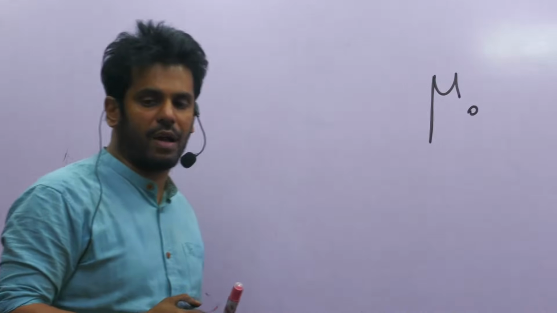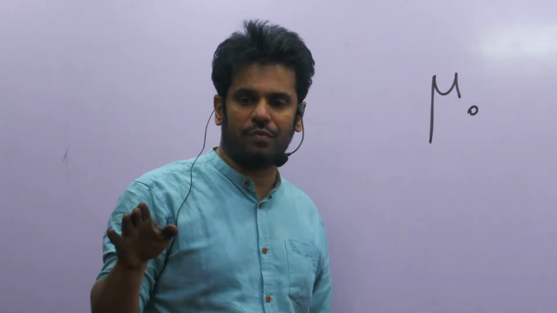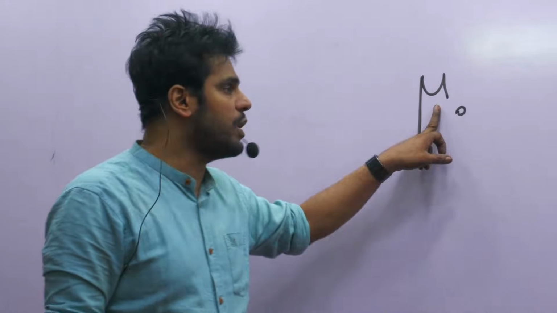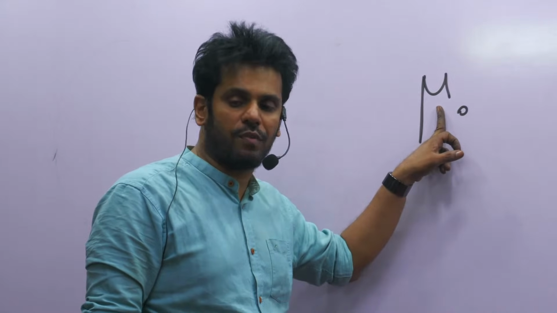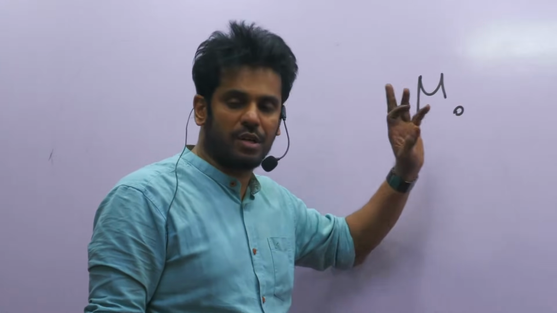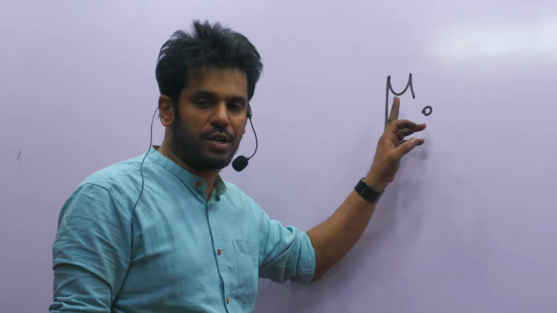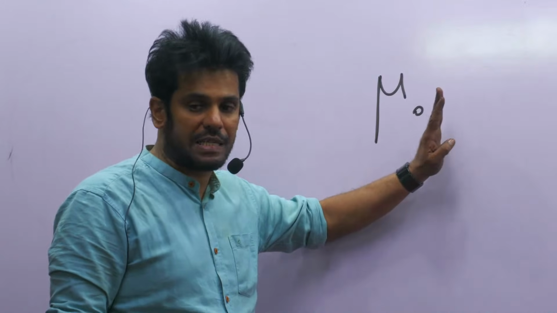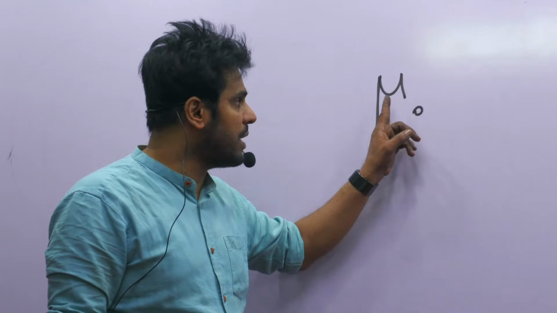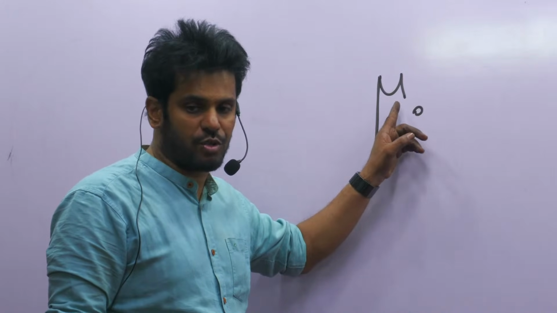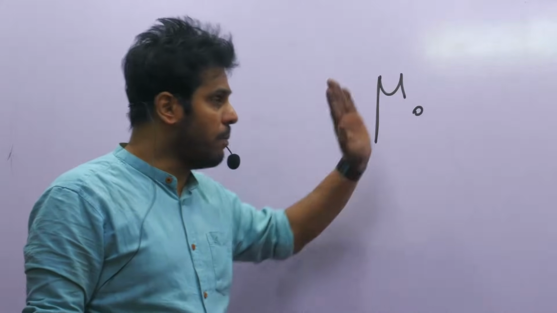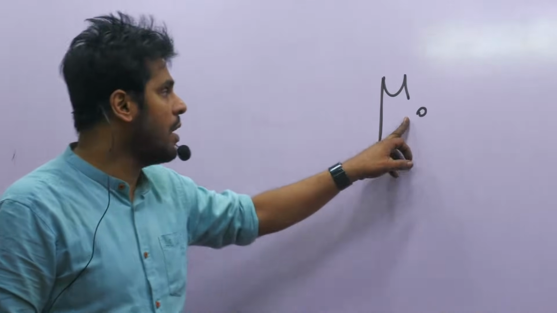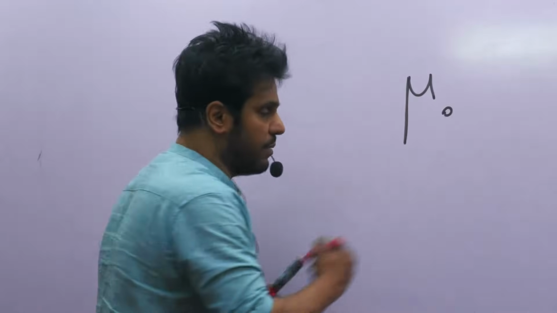You have done the lesson on frictional force. At that time we defined mu as the coefficient of friction, coefficient of dynamic friction and coefficient of static friction. In the friction mechanics lesson, mu represents the coefficient of friction. But in the magnetic field lesson, mu represents permeability.